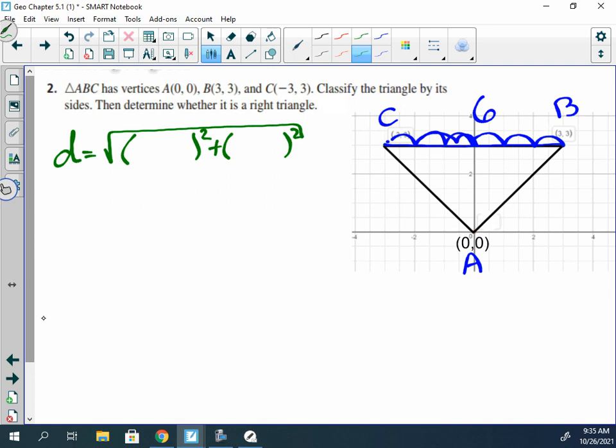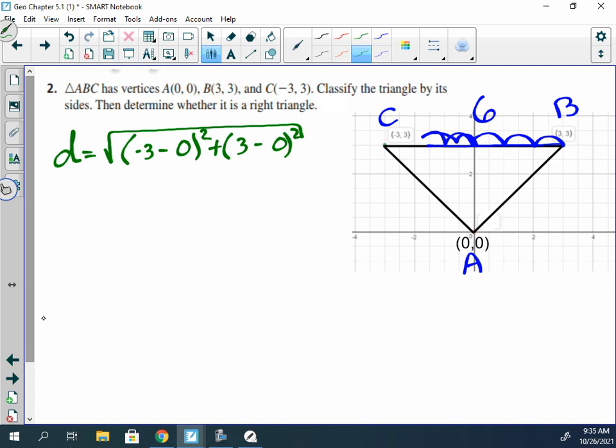So we can go from C to A. Well, the x values are negative 3 and 0. So we can say negative 3 minus 0, and the y values are 3 and 0, so 3 minus 0. Questions on this here?